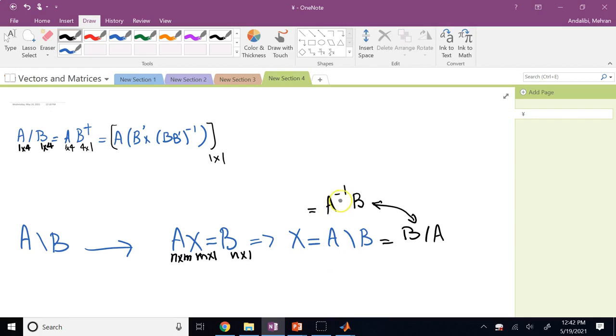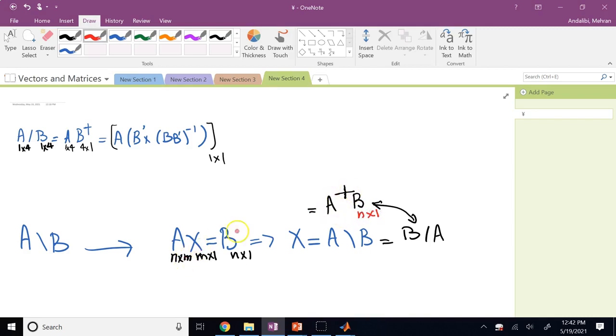Well, I cannot use A inverse times B because there is no A inverse. Can I use the A pseudo inverse instead? Are the dimensions going to match? Well, B is, as we know, an n by 1. What about the pseudo inverse?